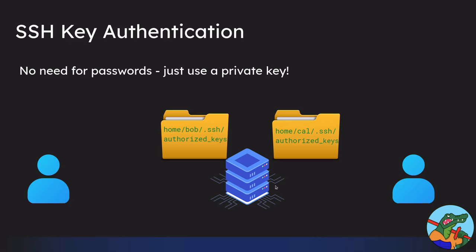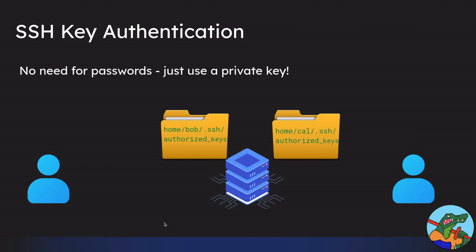Let's say that we have a server representing the middle, and this server has two users, Bob and Cal. Meanwhile, we have two remote people that are not on the server. They're on their own machines, and they want to be able to SSH into this server. Let's start with this user on the left.